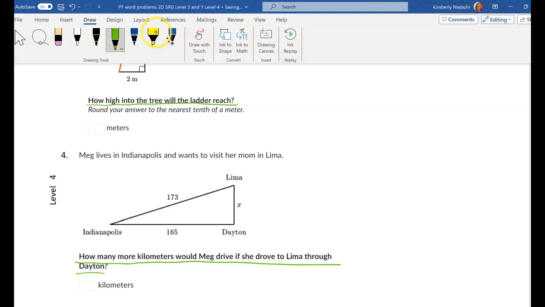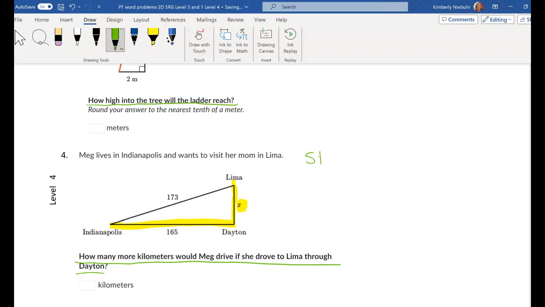So if she drove through, her home is in Indianapolis. So how many more miles would it be if she drove to Lima through Dayton? Okay, we have to find this leg. We have to find out what this leg is first. So that's step one.